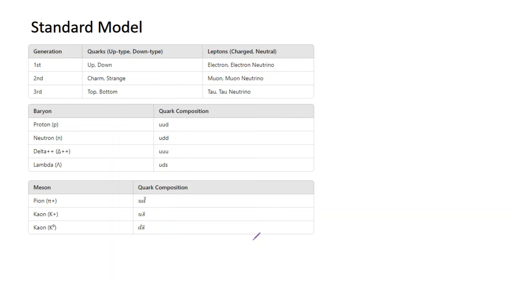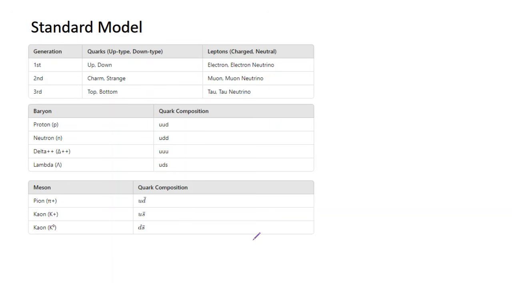They exist in pairs in generations. So there are 6 quarks and 6 leptons. Let's look at the names. Up, down, charm, strange, top, bottom. These are the 6 quarks, and you have 6 leptons: electron, electron neutrino, muon, muon neutrino, tau, tau neutrino.